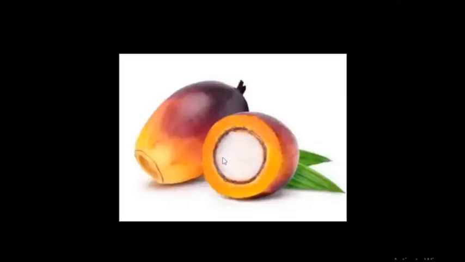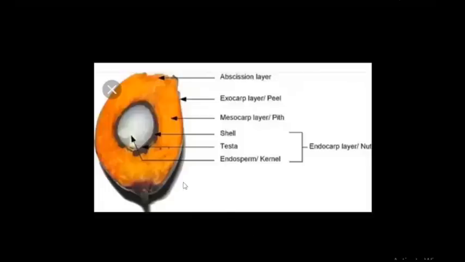So we have that. Let me show other pictures. This here is another picture of the palm fruit. So when you are told to draw and label the palm fruit, this is what the diagram will look like. You can see this upper part here is the abscission layer, and then we have the exocarp. That's the outermost coat or the peel. Then this fleshy part here is the mesocarp.